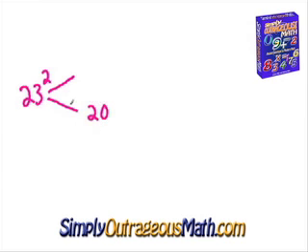So 23 squared. 23 is close to 20, so to get to 20, we actually subtracted 3. And if we subtract 3 here, we have to add 3 up here. So that would make this number up here 26.